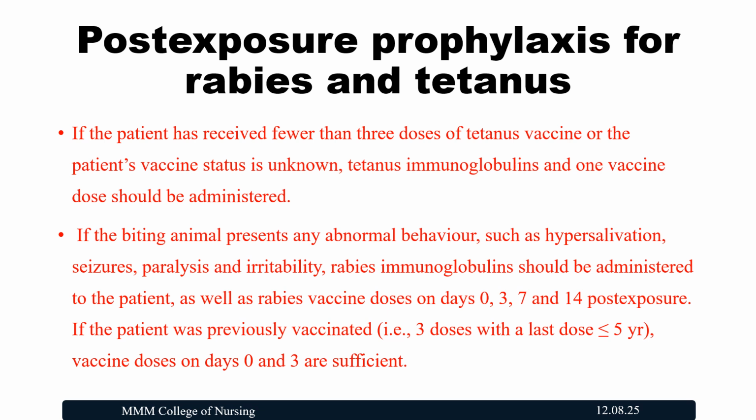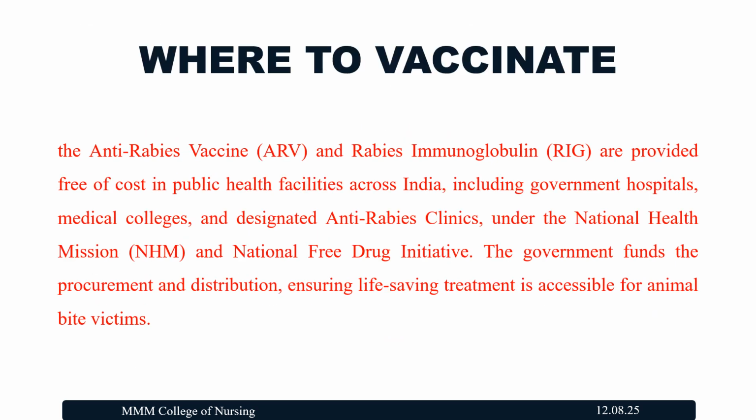We usually recommend the rabies vaccine. If the patient was previously vaccinated, meaning vaccinated less than 5 years ago, vaccine doses on day 0 and 3 alone are sufficient. Next, where to vaccinate?